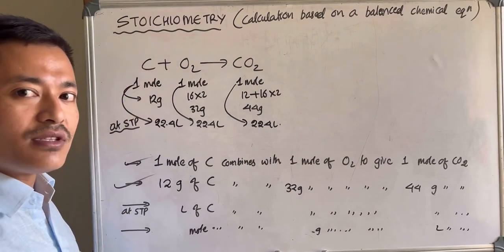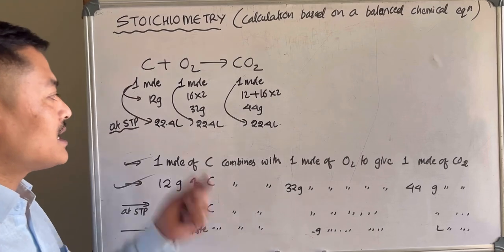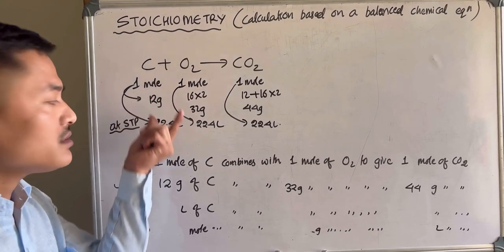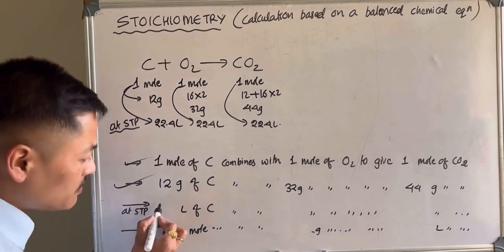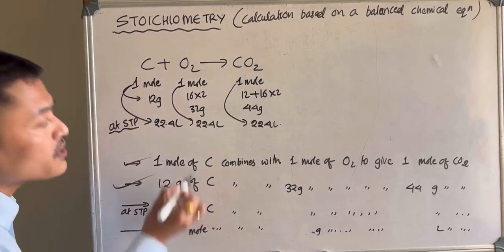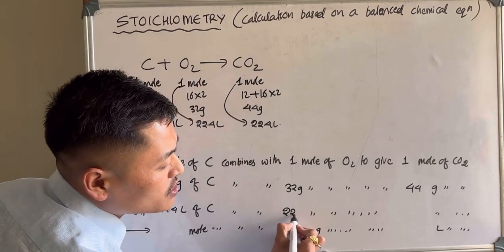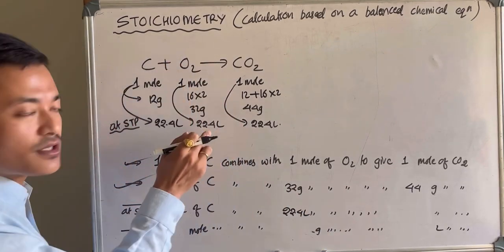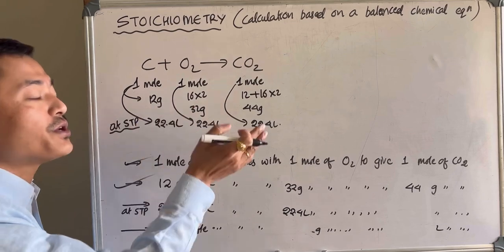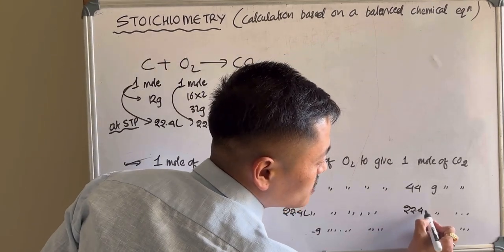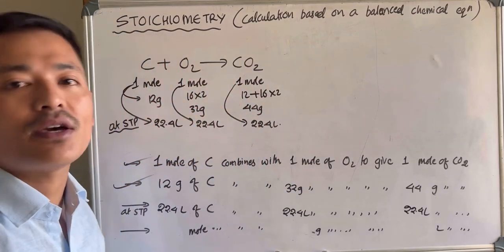So we can say indirectly that 22.4 liter of carbon is always equivalent to 1 mole of carbon. 22.4 liter of carbon is combining with 22.4 liter of oxygen, and it is producing the same amount, 22.4 liters of carbon dioxide.